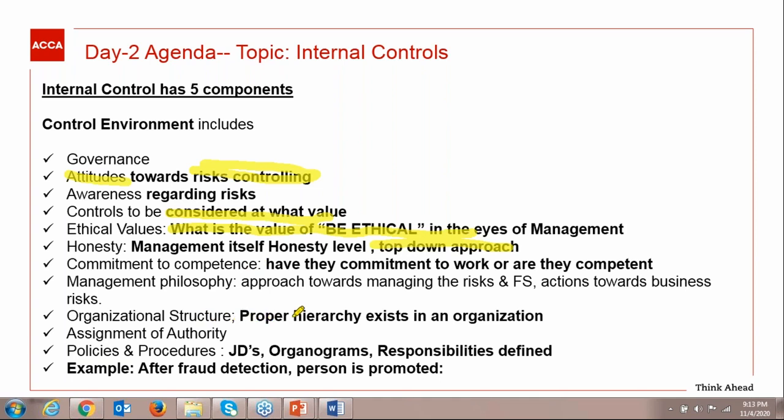If the organization has a proper hierarchy, proper JDs, job descriptions, proper organograms, responsibilities defined, then the controls of this organization are good, because everyone knows who is responsible to whom, who is working in which department and at what level. JDs means job descriptions, organograms, responsibilities are defined, so everyone knows what to do and what not to do.